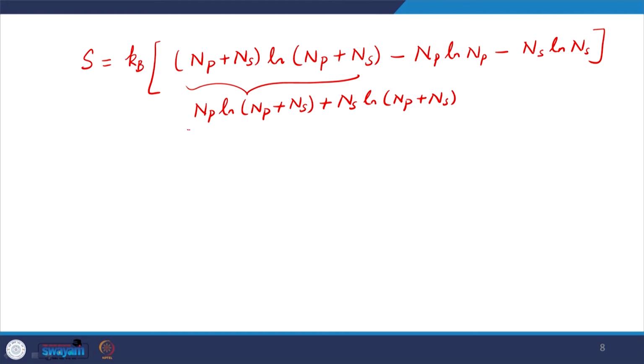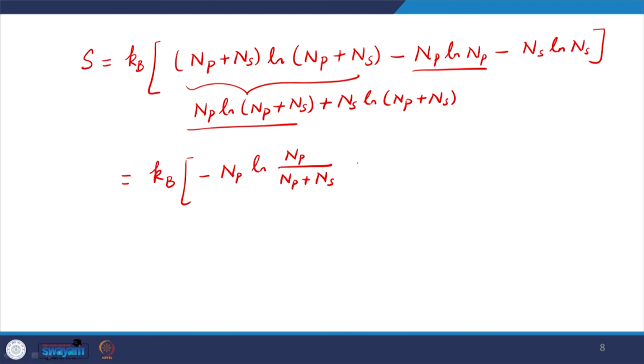Now, we can collect the first and the third term and we will have kB multiplied with minus Np ln Np by Np plus Ns, minus, if I collect the second and fourth term, we will have Ns ln Ns by Np plus Ns.